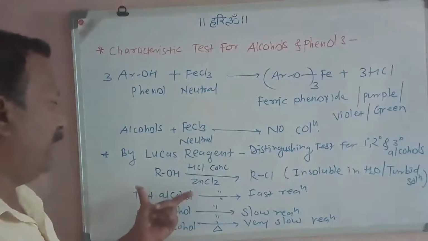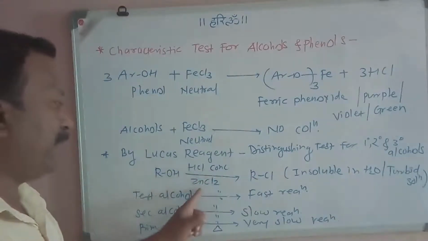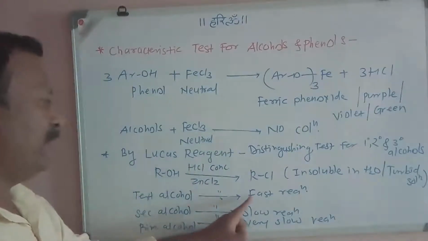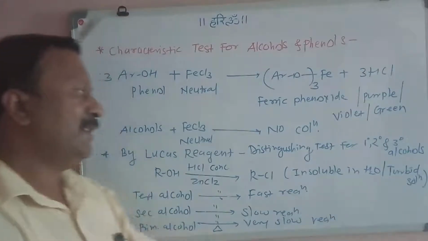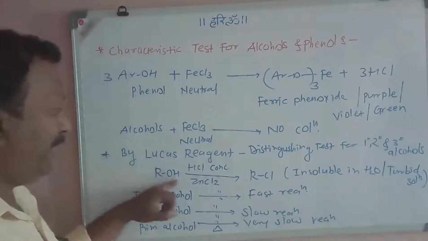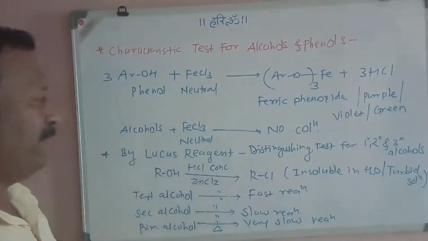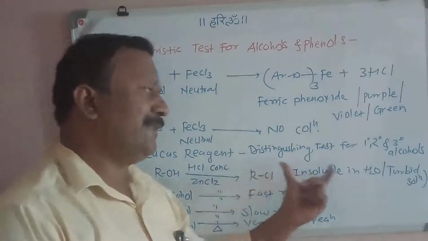When tertiary alcohol is treated with this HCl in the presence of zinc chloride, that is when tertiary alcohol is treated with Lucas reagent, a very fast reaction takes place. When any alcohol, primary, secondary or tertiary, is treated with Lucas reagent, it forms the corresponding alkyl halide, and this alkyl halide is insoluble in water.